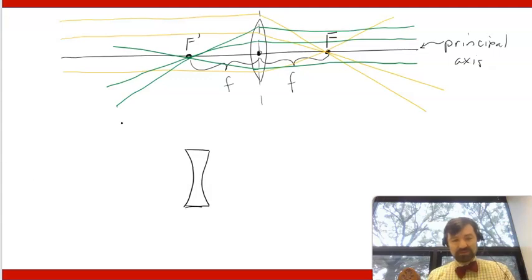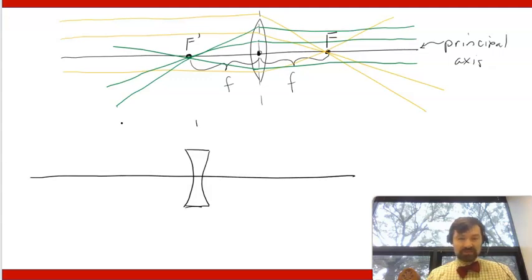So again, I'm going to draw a principal axis for the lens, and a dashed line like this to represent where the rays are going to refract for the purpose of my diagram. Refraction actually occurs at both this surface and this surface, but when you're drawing the diagram, it's easier to just have it bend at one surface, and it works.